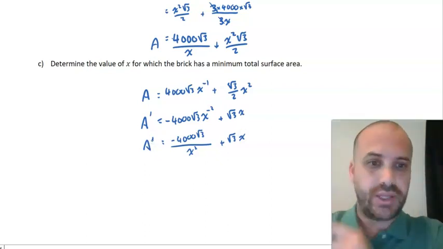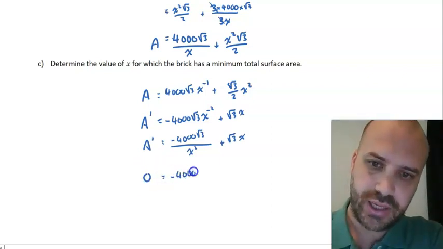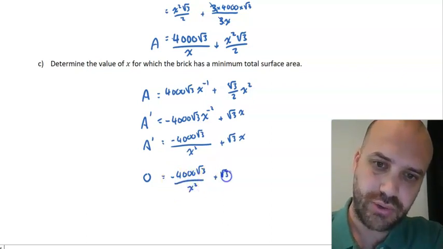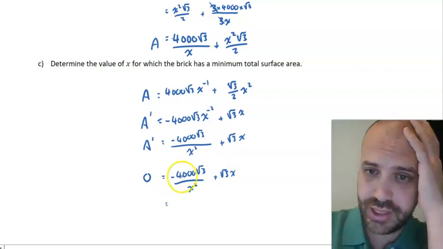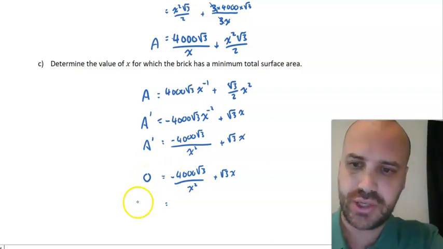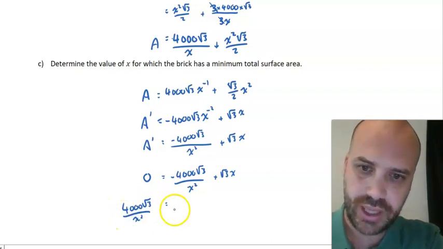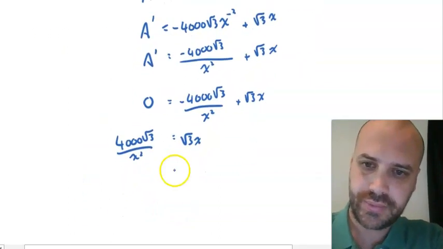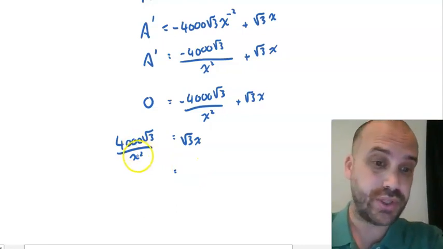To find the minimum, we let the derivative equal 0. So 0 equals negative 4,000 root 3 over x squared plus root 3 x. Best play here, I think, is to add it to both sides. So we've got 4,000 root 3 on x squared equals root 3 x. And then multiply both sides by x squared.